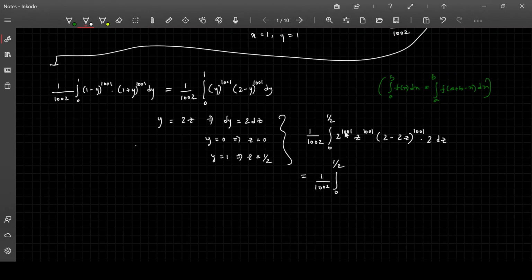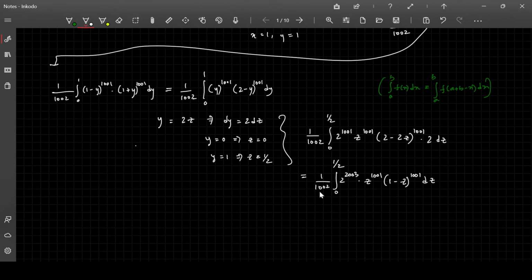Finally, it's 2 power 1001 here, and when you take 2 power 1001 common here, you get 2 power 2002 and into 2, so totally 2 power 2003 into z power 1001 into (1 minus z) power 1001 dz.